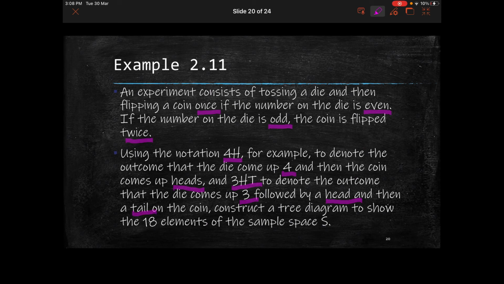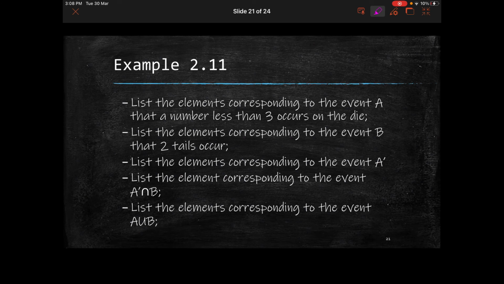Construct a tree diagram to show the 18 elements of the sample space, and then list the elements corresponding to event A, a number less than 3 occurs on the die, and event B, 2 tails occur, and the elements of A prime, and then A prime intersection with B, and then A union with B.